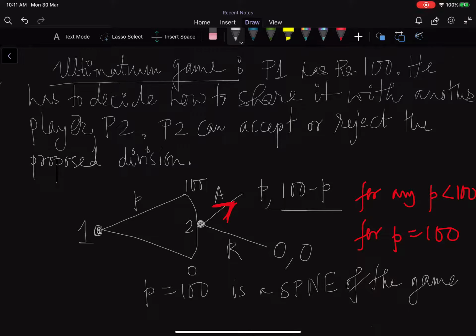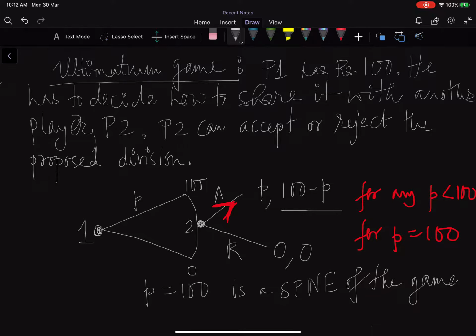You can play this game enough times to find out those thresholds in a particular context, and then people compare these thresholds across various contexts, say the US and India and sub-Saharan Africa, etc. They find that in some contexts these thresholds are very high. Often player 2 rejects relatively high offers, so unless it's 50-50 or something close to 50-50, player 2 often rejects in many contexts. But in other contexts, player 2 is often ready to accept a relatively small offer.